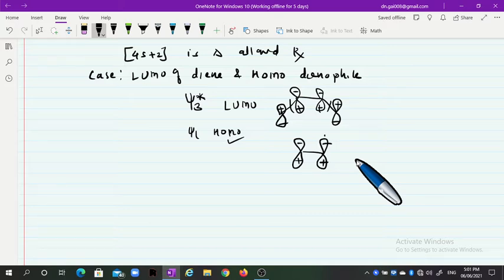In this case there is a mirror plane of symmetry. Bonding interaction is possible, and the phase is correct: positive-positive interact, positive-positive interact. 4 suprafacial and 2 suprafacial addition is possible here. Therefore the phase is correct for bonding.